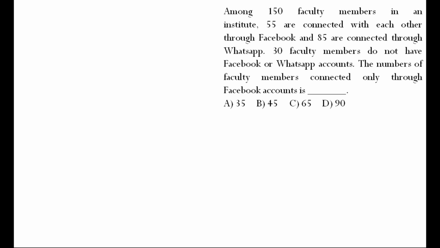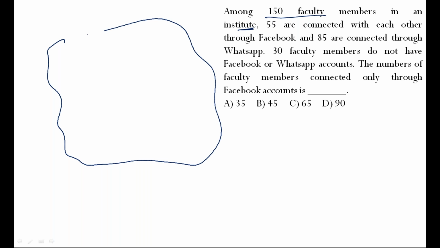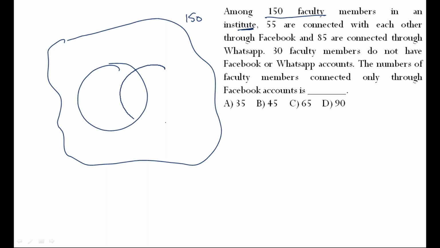Now let's see. This question is also like every question you can learn. I'm going with the basic point, then we'll go step by step to the next level. Now see this question. Among 150 faculty members in an institute, like our VEMU Institute of Technology, we have around 150 faculty members. Among that, 55 are connected through Facebook and 85 are connected through WhatsApp.